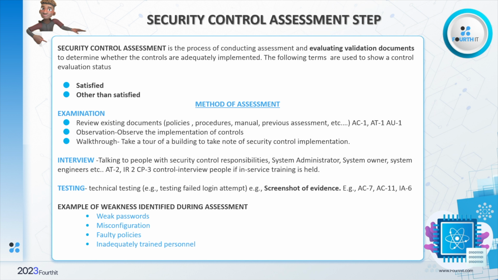What are the methods that we use to do this assessment? Now, when we are doing an assessment, the first thing we do is examination. When we say examination, what we mean is that you are reviewing policies and procedures, your SSP, and previous assessments. Why? Because you want to understand how the system is working and what has gone on within the environment.